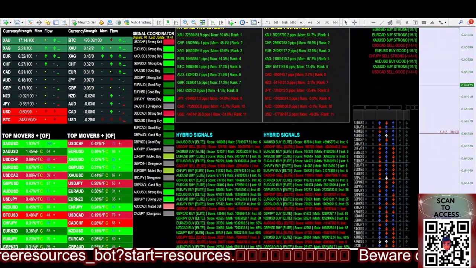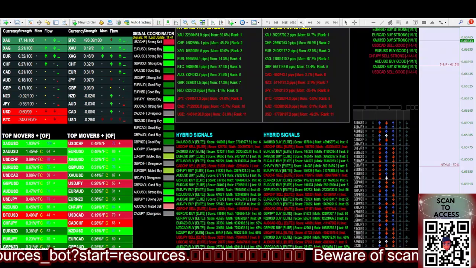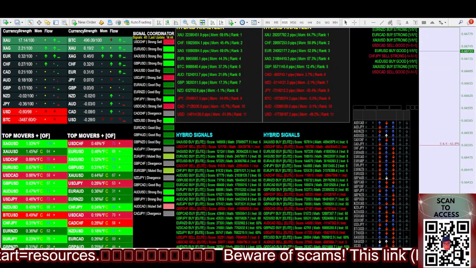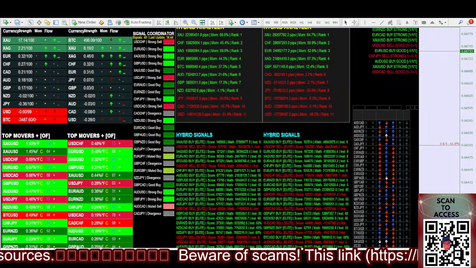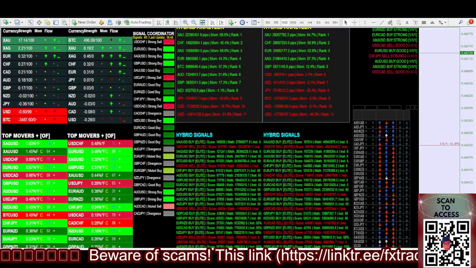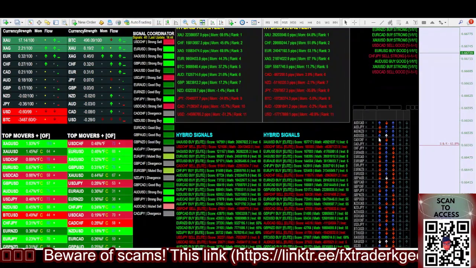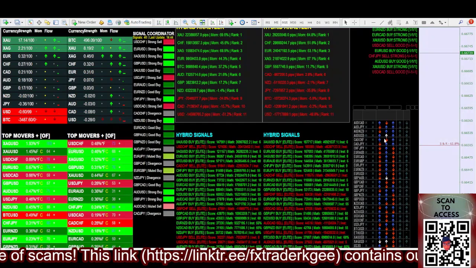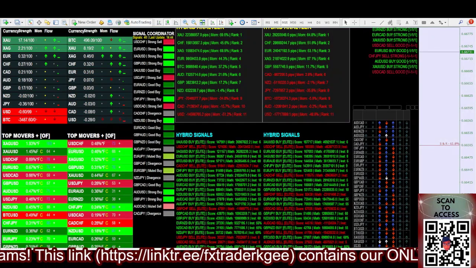Now you see, it was actually AUD/USD, but the signal didn't come up, so that means we are not going to trade it.